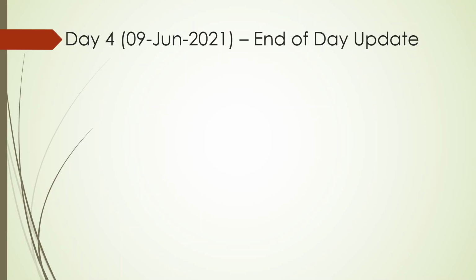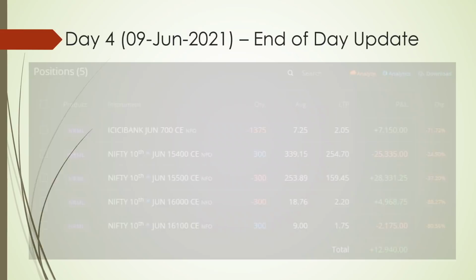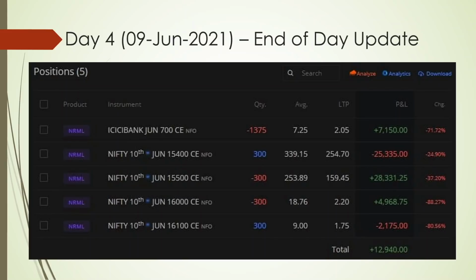Hello there. We are at day 4, 9th of June, and we have just one more day to go for the expiry. We are talking about the call condor we have taken for the 10th June expiry. We have got the strikes 15,400, 500, 16,000 and 16,100.